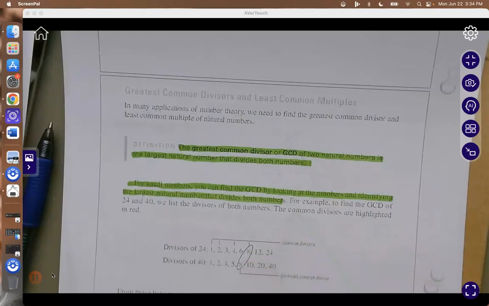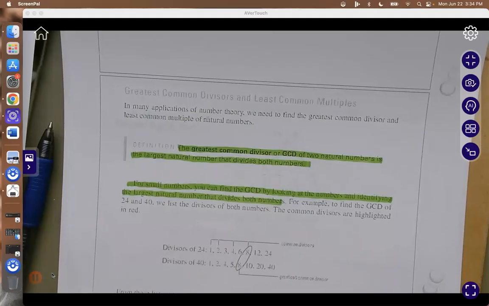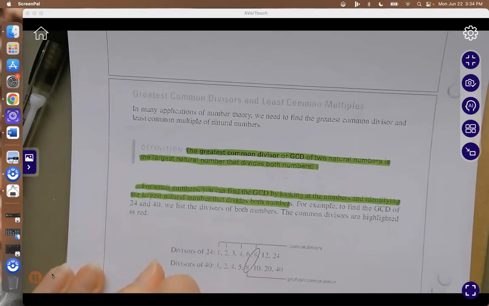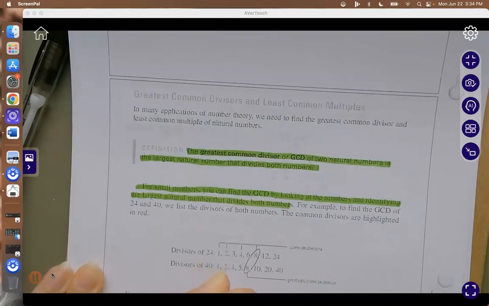So that's what you can do when you have small numbers. For larger numbers, it's tedious to list all those numbers. So we use this approach that we're going to see in a minute. Use the approach shown in example 5.